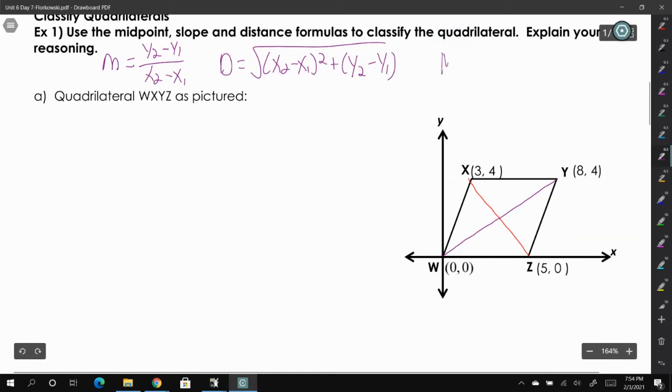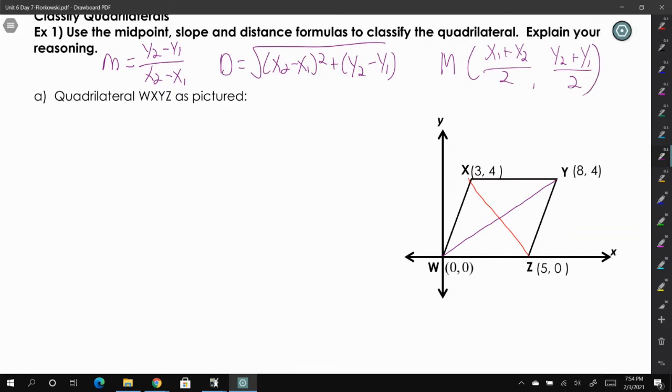So capital M for midpoint. Since we're adding, it doesn't matter if it's x1 plus x2 or x2 plus x1, because the order does not matter for addition. So those are my formulas.